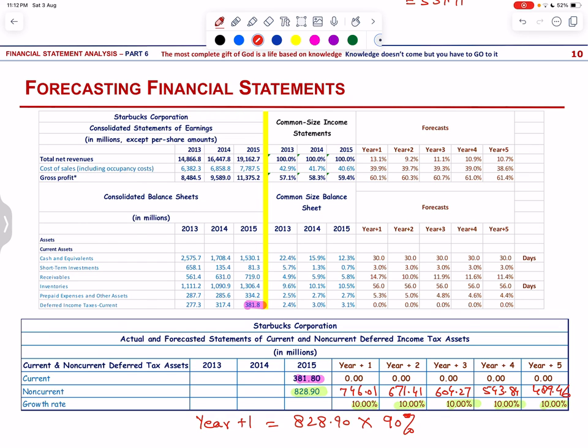So that's how we are going to forecast the current and non-current deferred income tax assets for Starbucks for the next 5 years. And this completes the first video on forecasting financial statements.